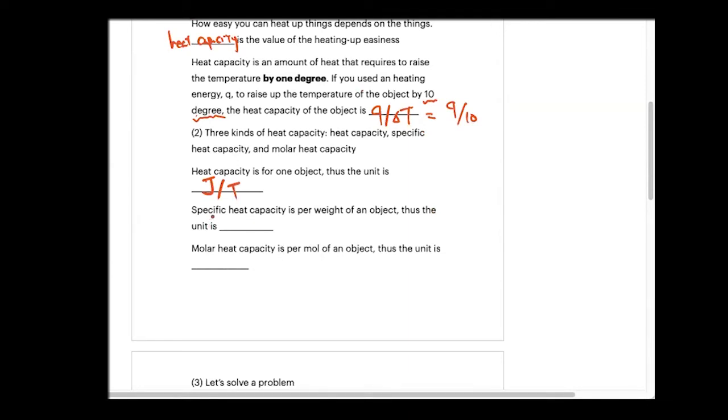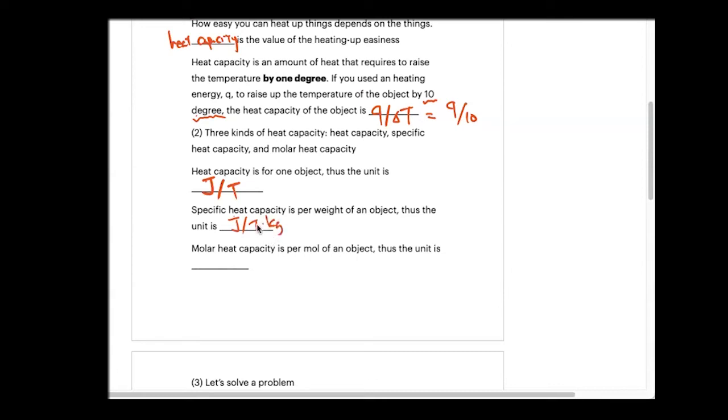But when you talk about the specific heat, this is the energy per weight to increase the temperature by 1 degree. So the unit is going to be joule per degree per kilogram.